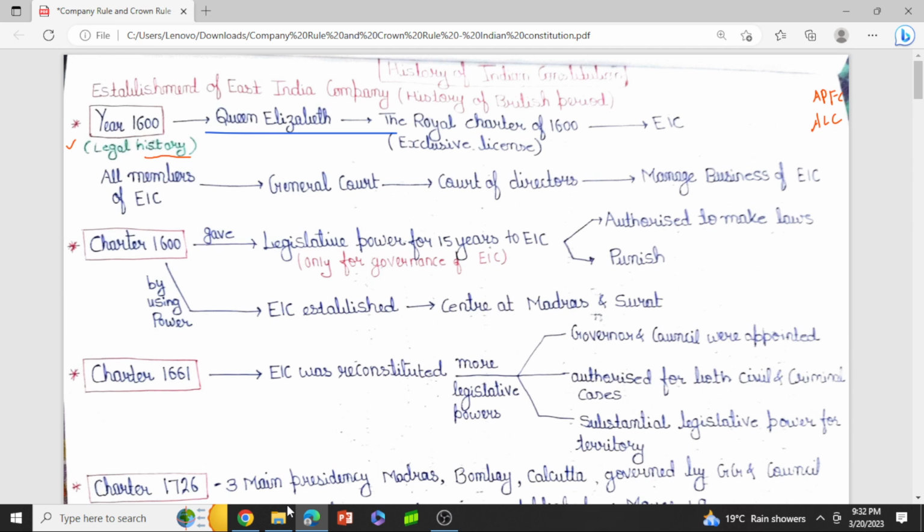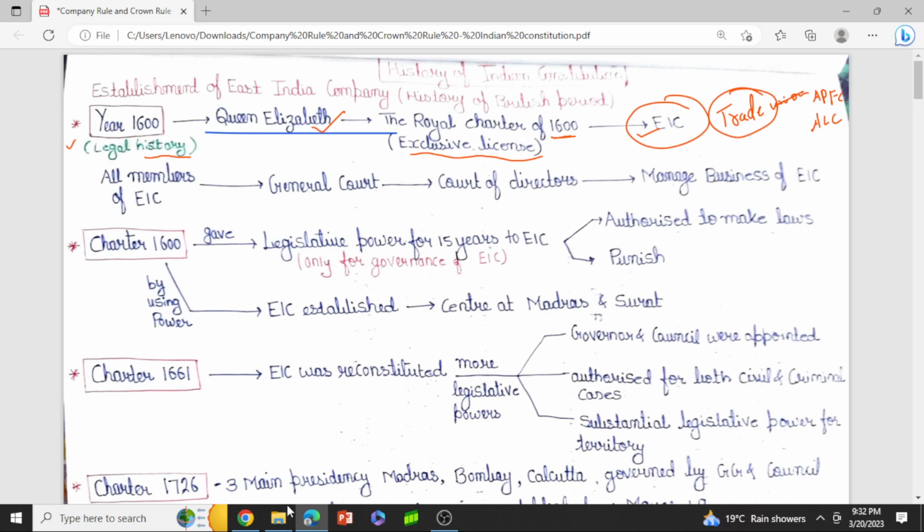In 1600, Queen Elizabeth issued a royal charter to form the East India Company, and an exclusive license was provided to trade in India. So basically the Britishers entered India to trade, to do business. It was the exclusive license given by Queen Elizabeth to do the trade.